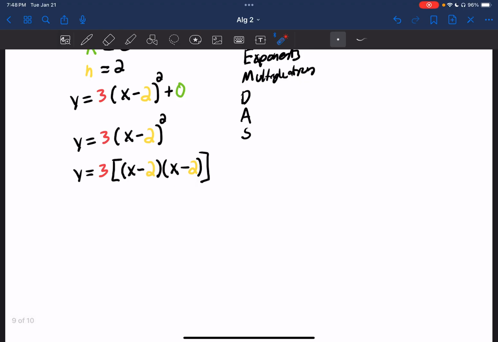So that would look like we want to keep our y equals the 3 on the outside. And solving for everything in the brackets, we're going to take x times x minus 2, minus 2 times x minus 2.